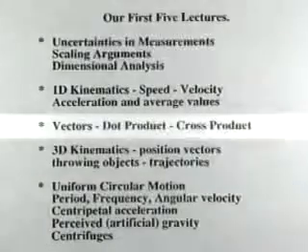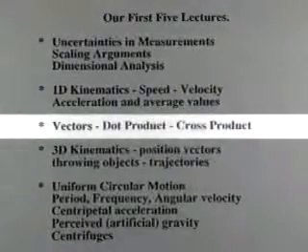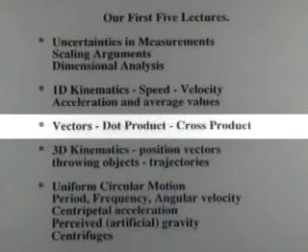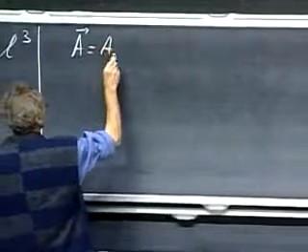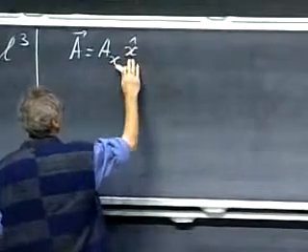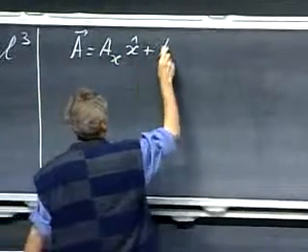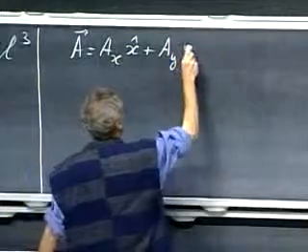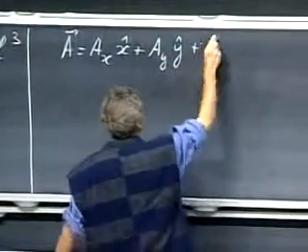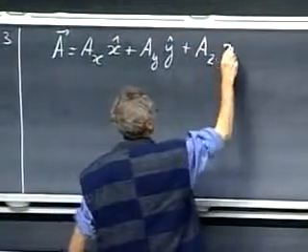And let's now talk about dot products. I scan a little bit in a random way over my topics. So let's now talk about dot products. I have a vector A, a_x times x-hat, which is the unit vector in the x direction, plus a_y y-hat, plus a_z z-hat.